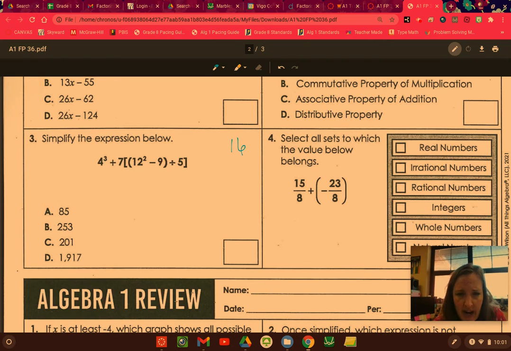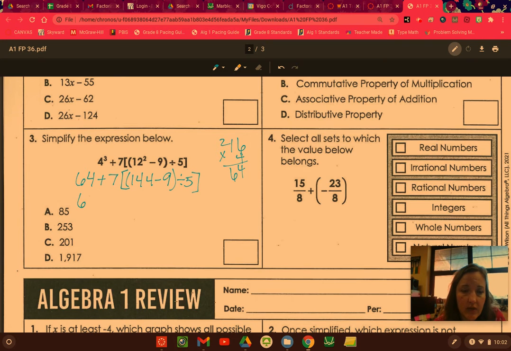So that's 16 times 4, 64, plus 7 times whatever we're going to get in this mix, okay? So within the parentheses, there's an exponent. So that's 144 minus 9. And then that divided by 5, okay?